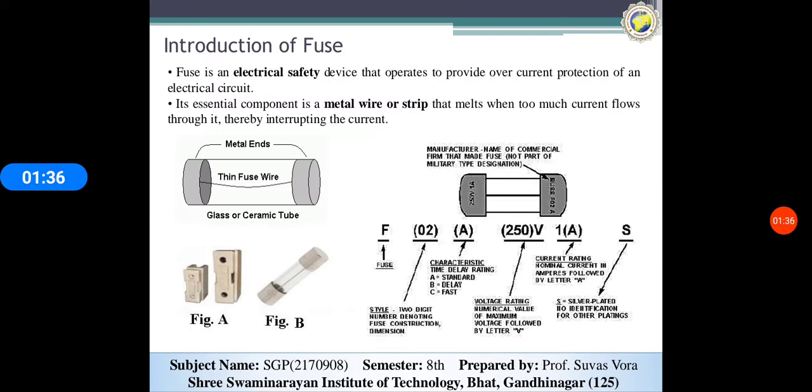We can see the importance of the fuse in domestic appliances. In our house, you can see the figures. Yes, you can see figure 1.